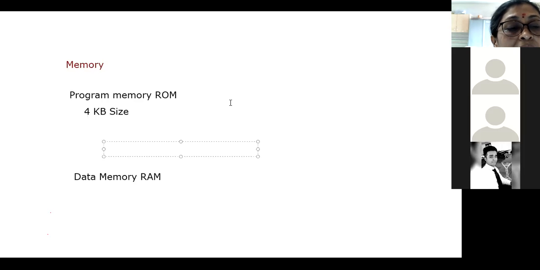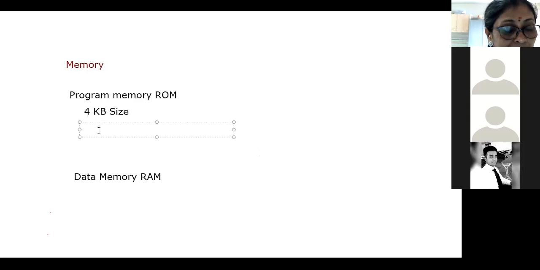And this program memory or read-only memory is associated with what is called as program counter. Okay. What the program counter is? Can you tell me? Yes, what is the function of program counter?